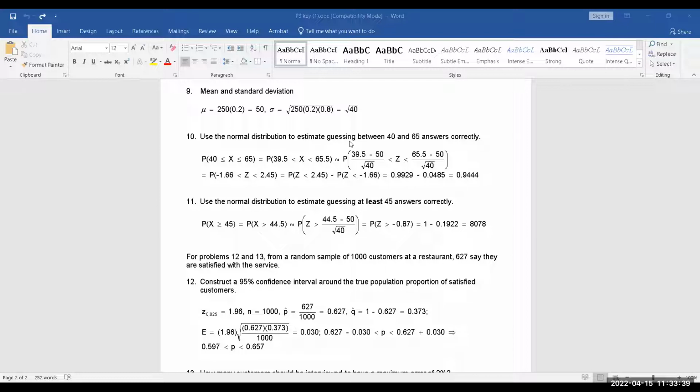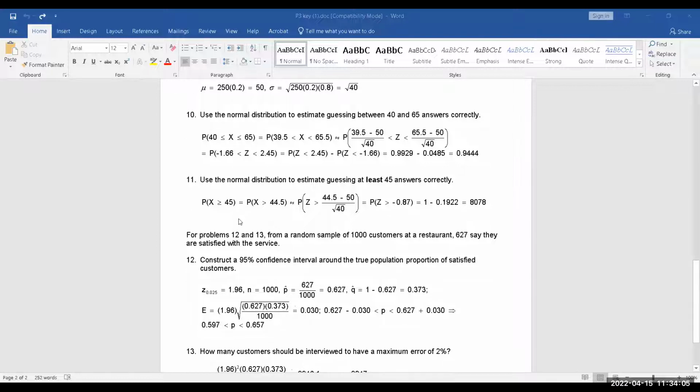You have a binomial experiment and I'm asking you to use the normal distribution to estimate. That's how you know to do this. That's the only way the question will ever be worded. Like number 10, use the normal to estimate. Okay, that means rather than calculate the area of all my rectangles, which would be mind-numbingly long and difficult, I'm going to pretend it's a normal distribution. I'm going to pretend those rectangles look like a curve.